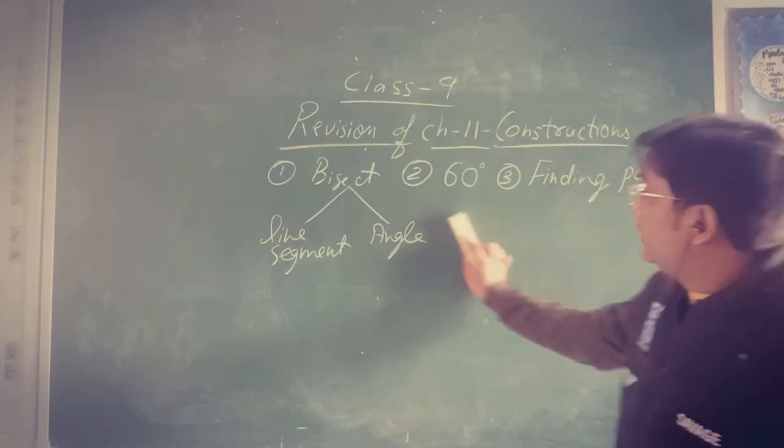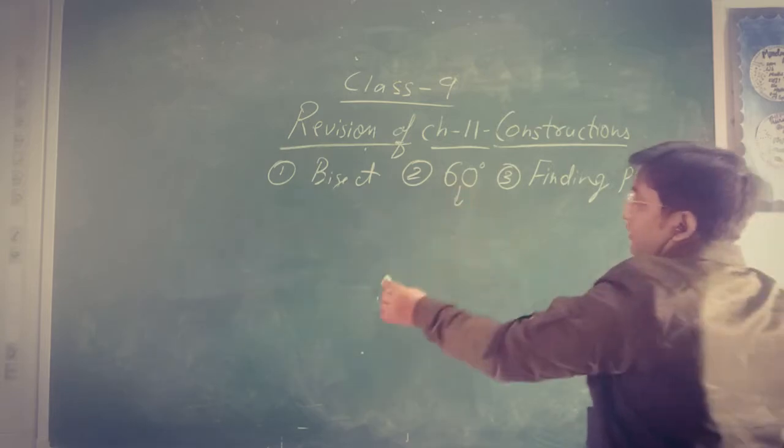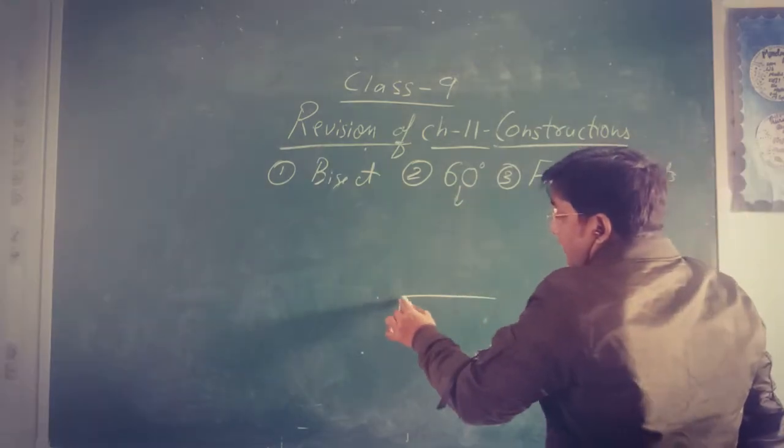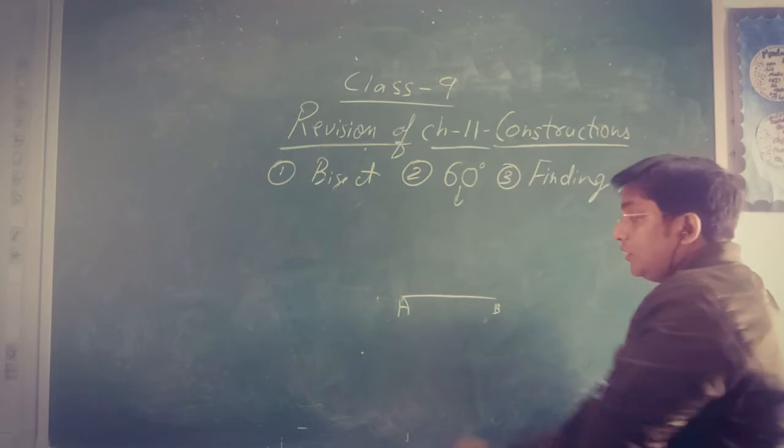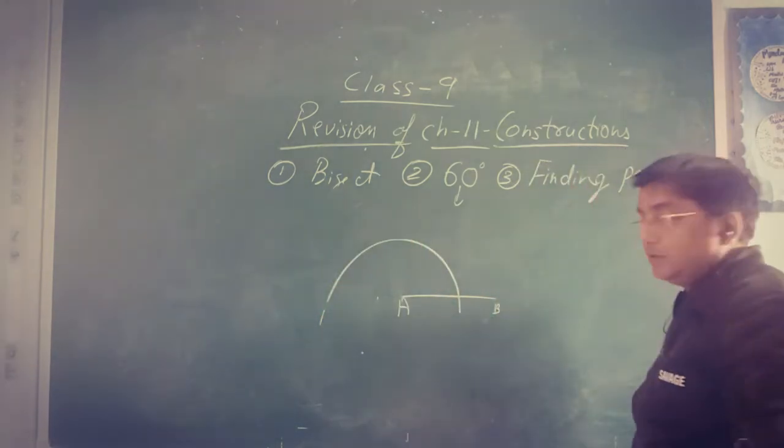Let us draw the construction of 60 degrees. Okay, this is over now. Let us do the construction of 60 degrees. A and B. From A, with any radius you want, draw an arc.